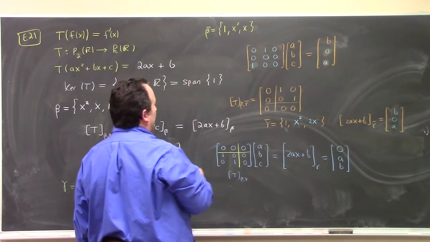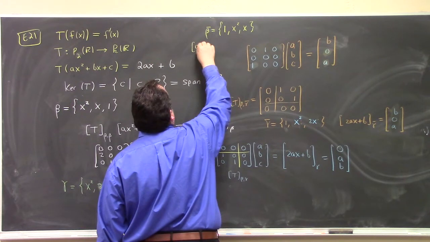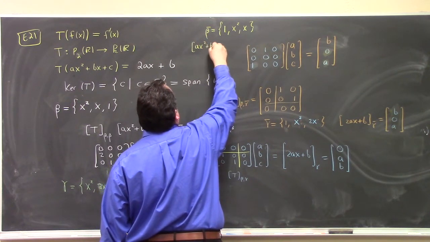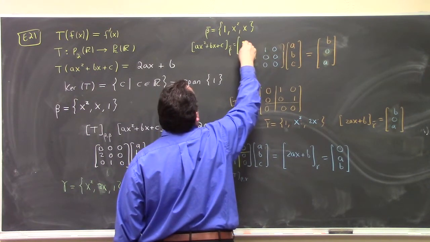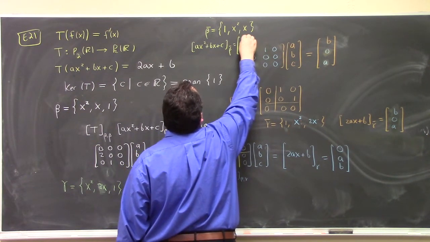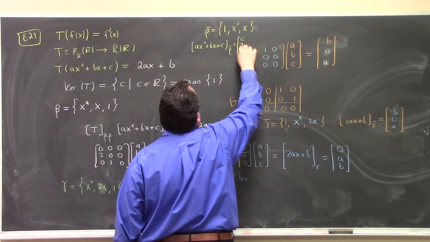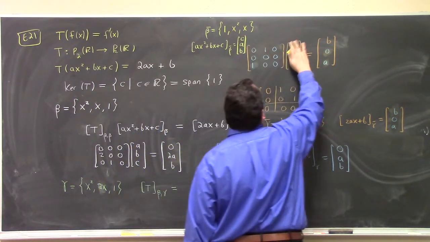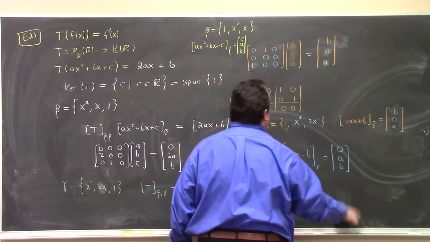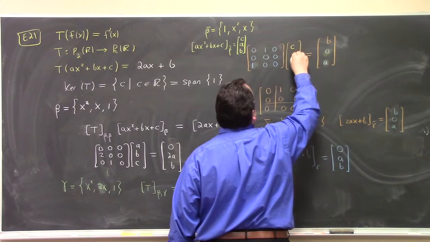So the beta coordinate of ax squared plus bx plus c is what? It is c, a, b, right? So we do CAB.